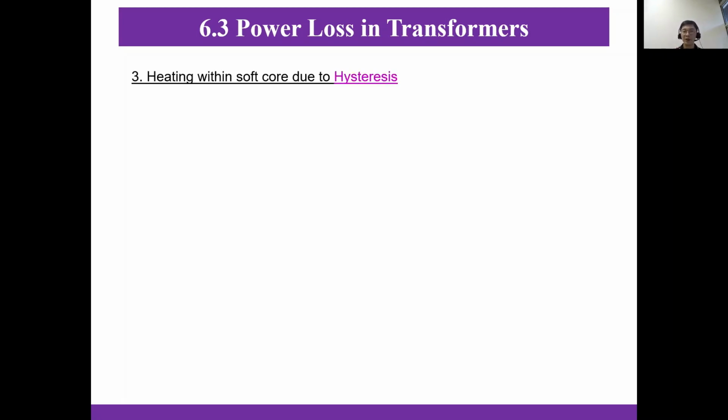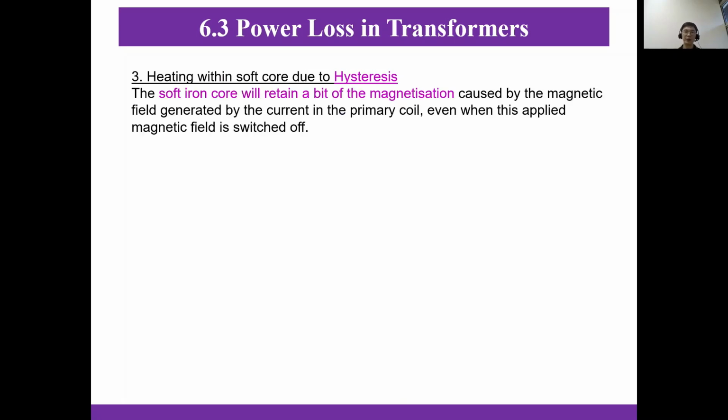Part 3 is a little bit more interesting, hysteresis. I need to introduce to you an idea of hysteresis. The soft iron core is made out of things like domains, right? So you have learned this in secondary school, I hope. And so when you send a certain magnetic flux through them, it retains a bit of the magnetization.